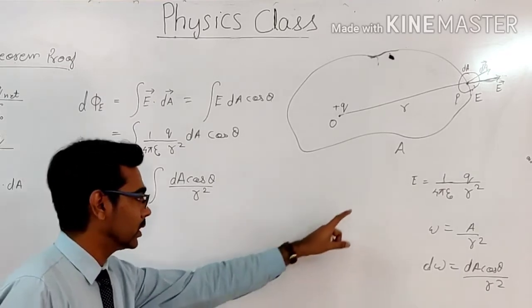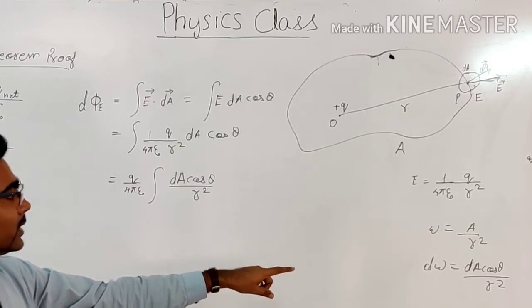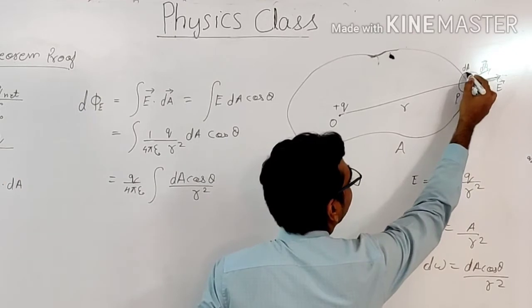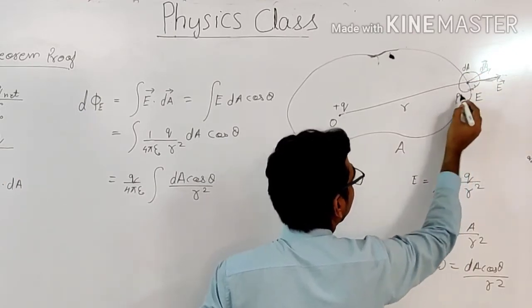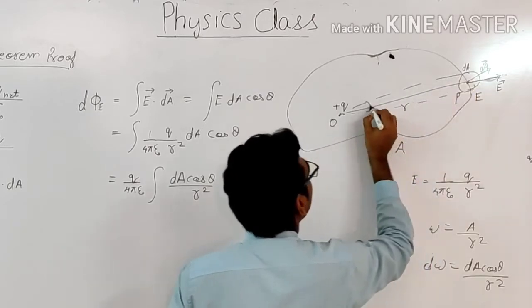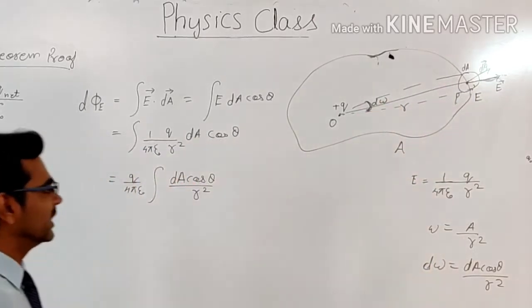This is part 2, and I'm not going to explain it again. So dA cos theta upon R square is nothing but the solid angle. This is the surface dA, and if you connect the boundaries, this angle will be d omega by definition.